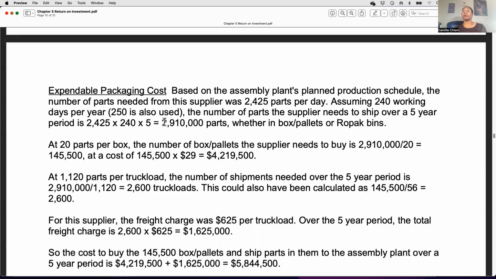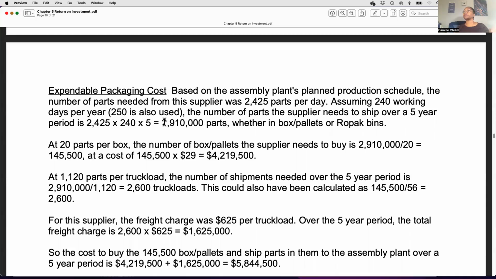Over time, they're going to be shipping 2,910,000 parts over a 5-year period. And it doesn't matter whether you're shipping those 2,910,000 parts on here or on here. We're going to compare the cost for both and spread out the cost of the packaging over the parts, depending on how many we use.